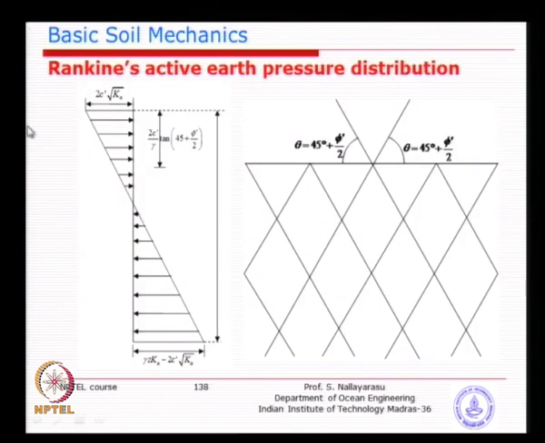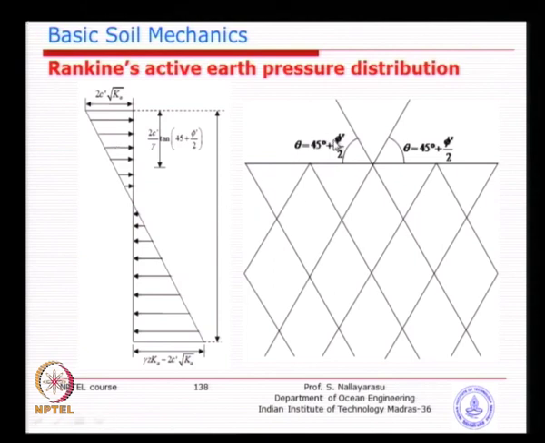And that is what you see here, the distribution of the earth pressure along the depth. Whenever you have the clay type of soil, you will have negative, that's one of the important parameters. If the top soil is clay, then you are actually not going to get anything from there.